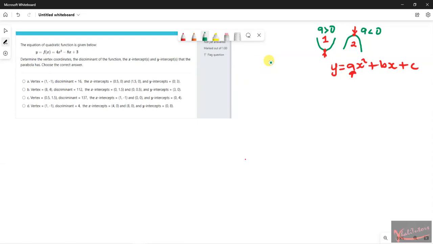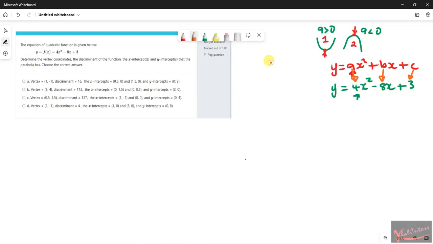In our case we are given the equation y equals 4x squared minus 8x plus 3. This is the value of a here, this is b, so b is negative 8, not just 8, and this is c.